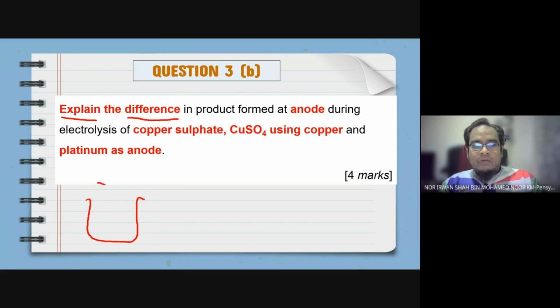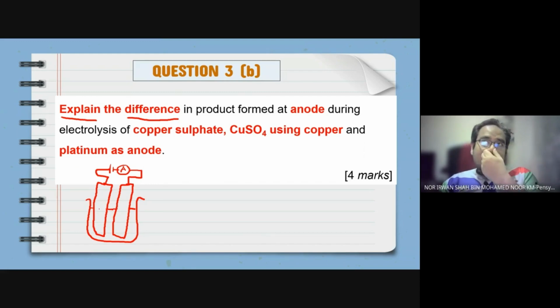Okay, walaupun soalan ni tak minta sebenarnya you all lukis, but why not? Kita lukiskan electrolytic cell. Besarnya saya punya electrode ni. Tapi tak apalah guys. Okay, and then connected to battery ataupun power supply, and then connected to emitter. Lepas tu sambungkan dengan another electrode. Okay guys, so lebih kurang macam ni lah. Dan jangan lupa electrolyte.